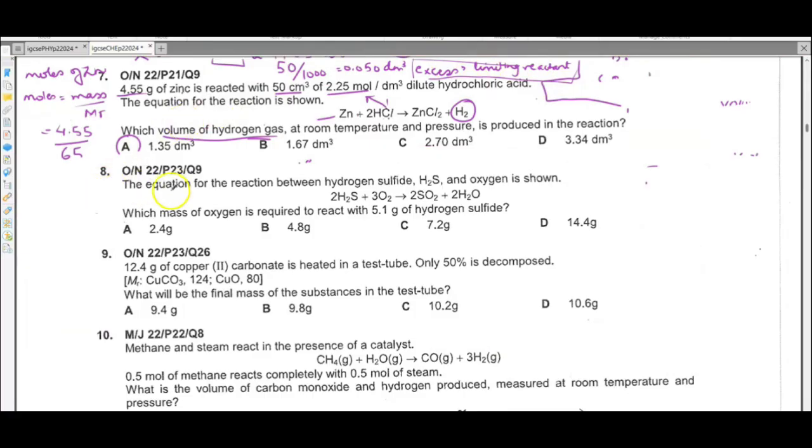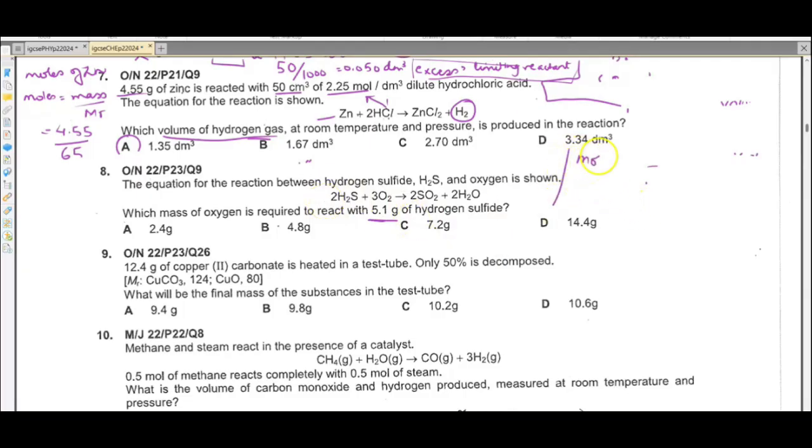Okay, question number 8. The equation of the reaction between hydrogen sulfide and oxygen is shown. Which mass of oxygen is required to react with 5.1 grams of hydrogen sulfide? First of all, we need to find the moles of hydrogen sulfide.